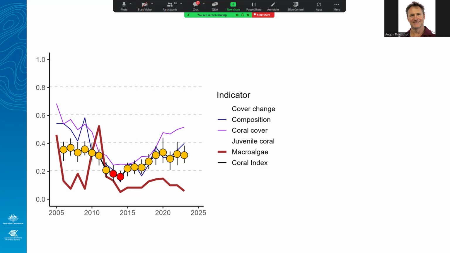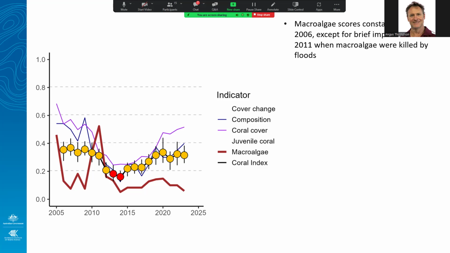There was a little reprieve around the floods because the floodwaters actually killed the algae as well, but it rapidly came back. And now we're in this situation where at a lot of the reefs, as you saw in that shot of Middle Pelican Island earlier, there's been ongoing high levels of macroalgae. Okay, next slide.